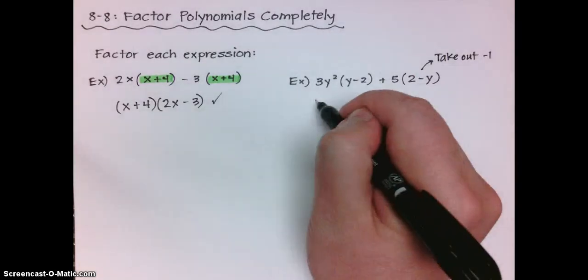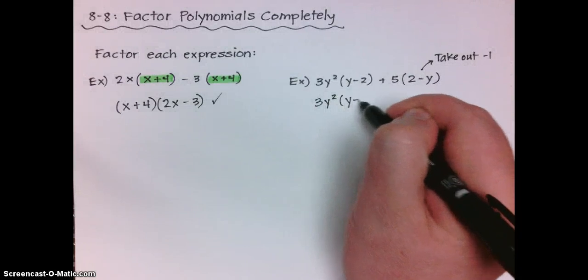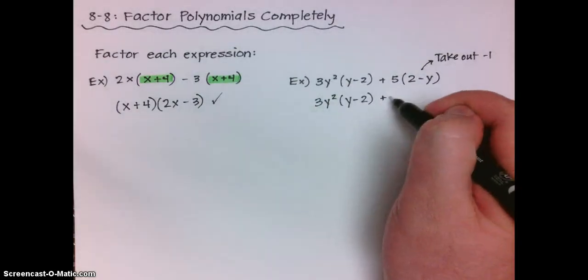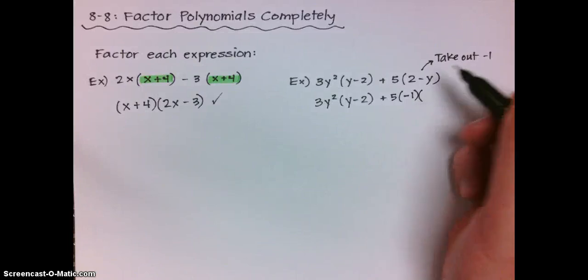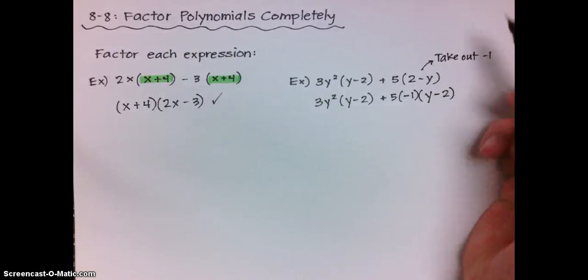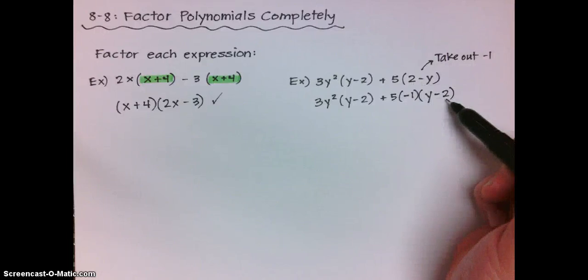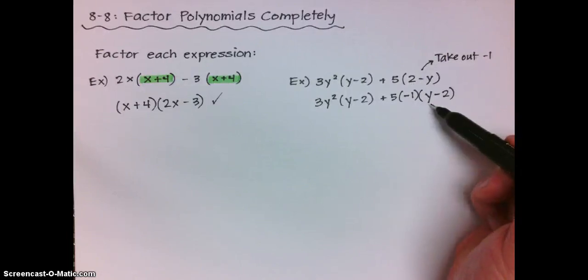So what that's going to look like is, if I'm rewriting it, 3y squared times (y minus 2) plus 5, and I'm going to factor out a negative 1, which means that this is now going to be in reverse, y minus 2, because 2 divided by negative 1 is negative 2. Negative y divided by negative 1 is now positive y, and I can rewrite it in that regard.